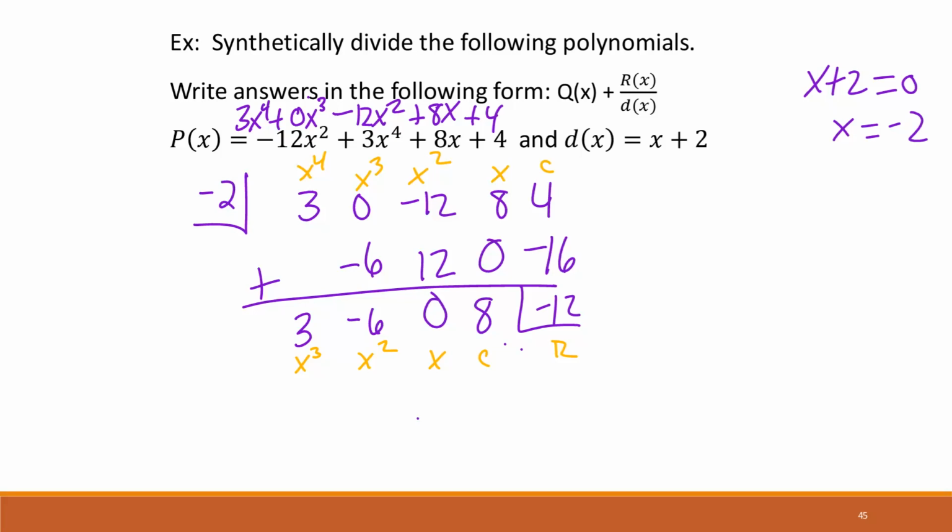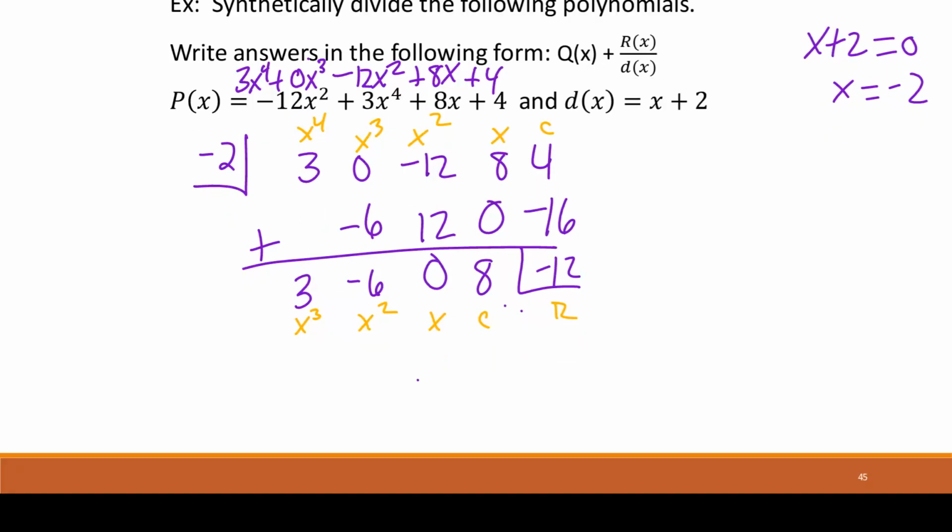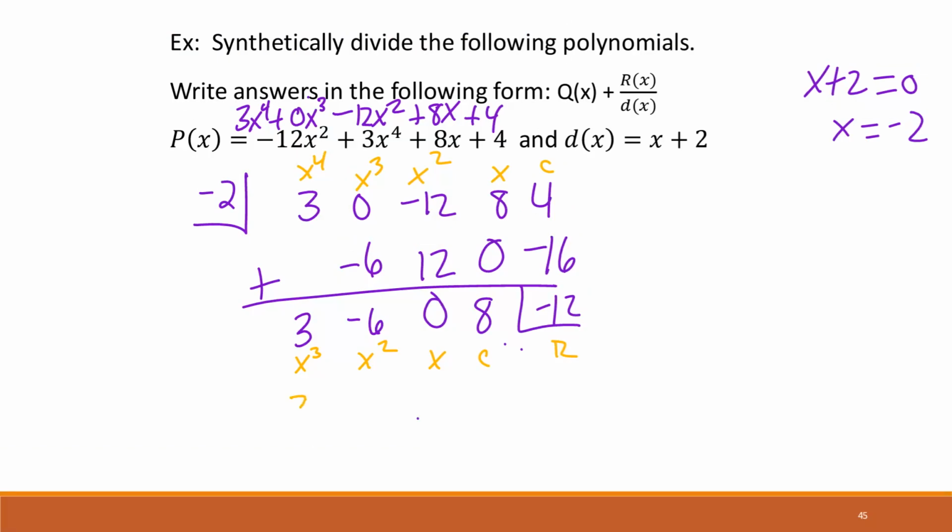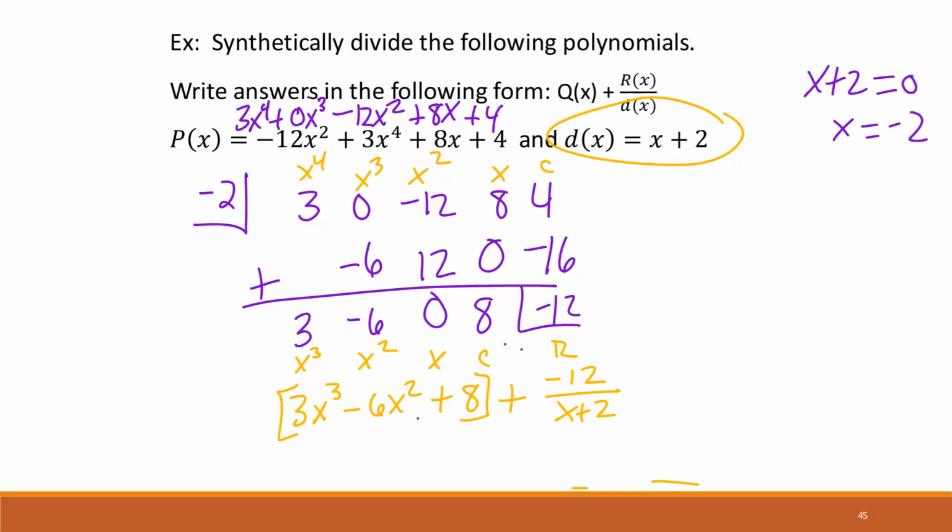So when I rewrite, we have 3x cubed minus 6x squared plus 8, because I don't need to write that 0 term, plus -12 over our original divisor, x plus 2. So this is our final answer.